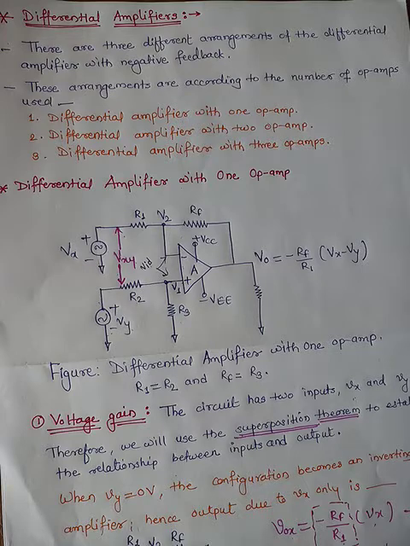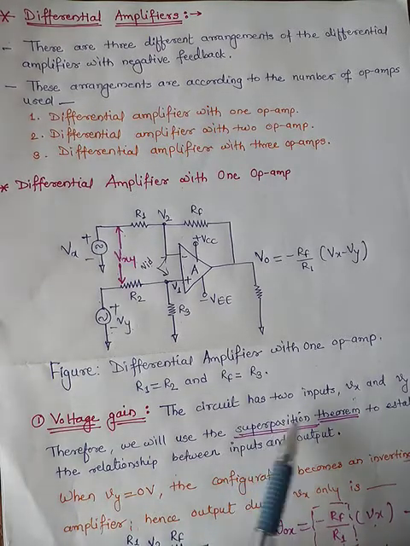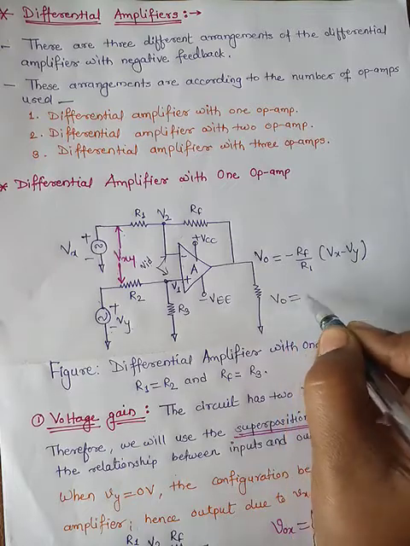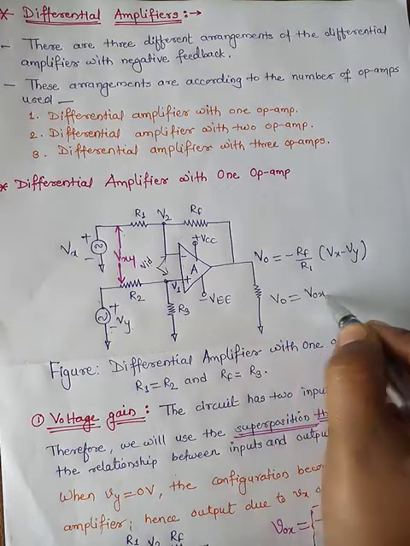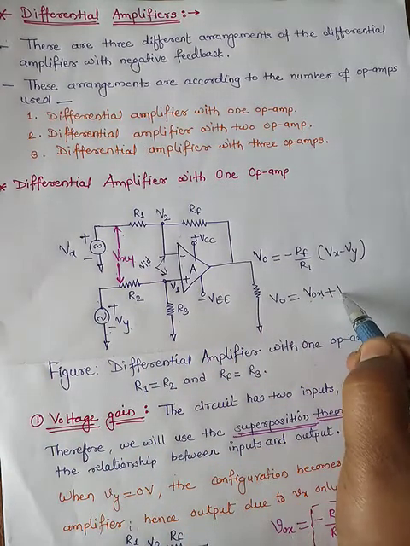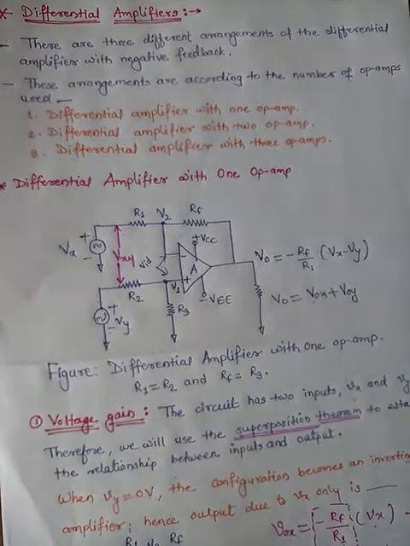What is the superposition theorem? We first find the output voltage because of an individual signal source with the other signal source equal to 0, and then we add the outputs due to the respective signal sources. Output voltage V0 is the output voltage because of input signal Vx plus the output voltage because of Vy.